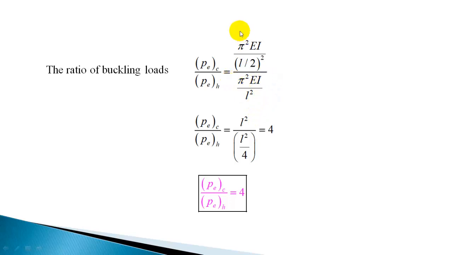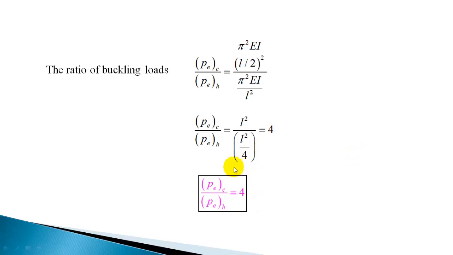Pi square EI gets cancelled. You get L square by L square by 4, so L square goes to the numerator and you get 4. So the ratio of the buckling load for clamped ends to hinged ends is 4.